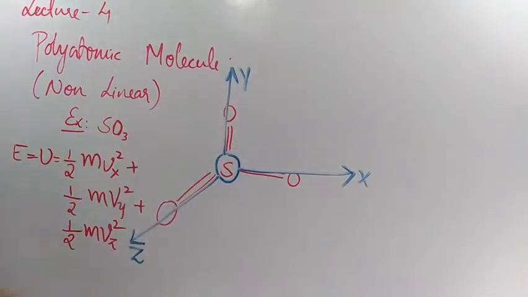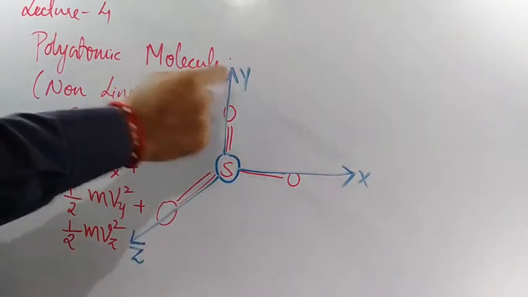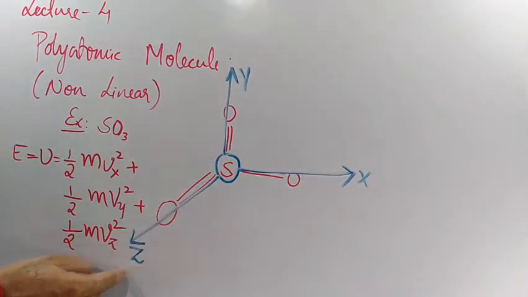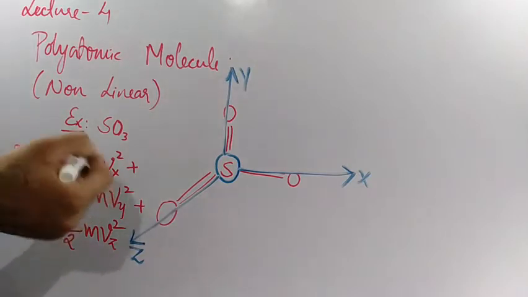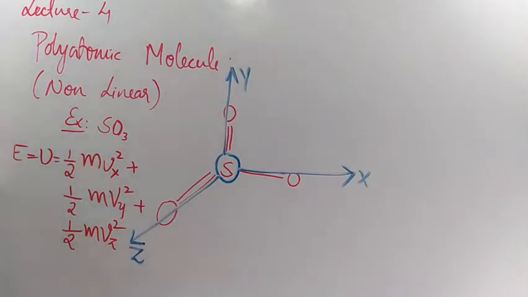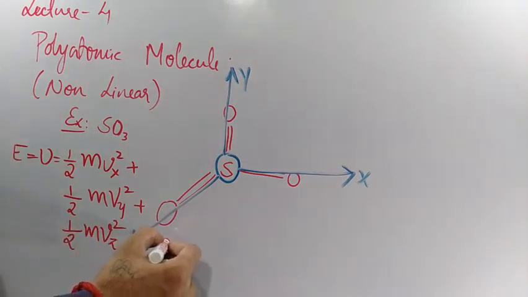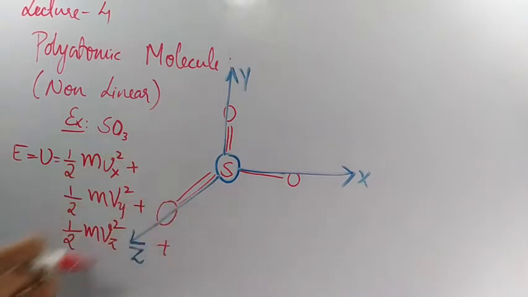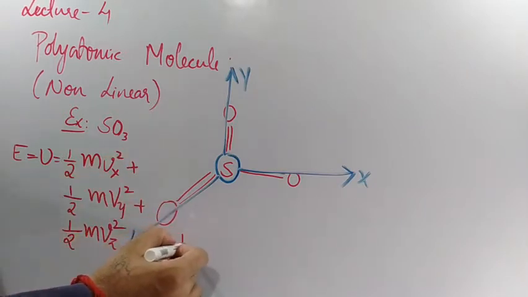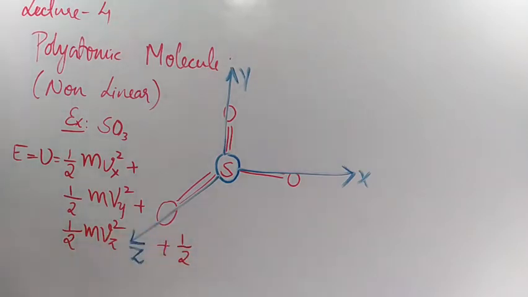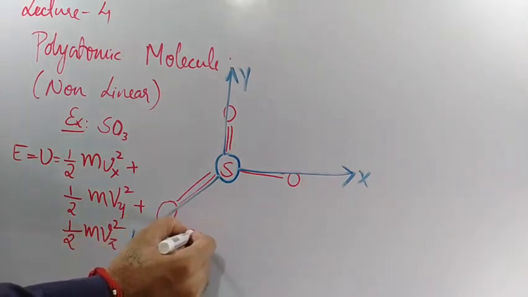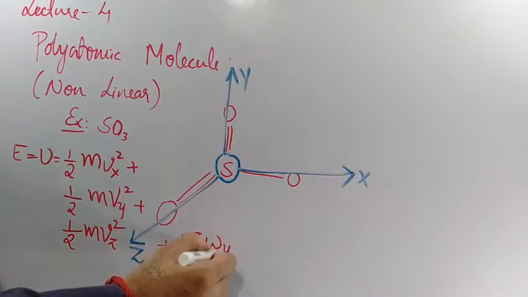That means in 3 different directions this complete molecule may rotate: along y-axis, along x-axis, along z-axis. What extra terms am I going to get here now? Half mvx square, half mvy square, half mvz square, already we had written. The extension part: plus rotational kinetic energy, half I omega y square.